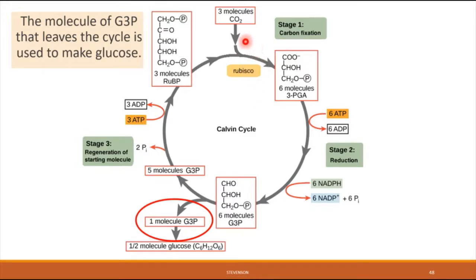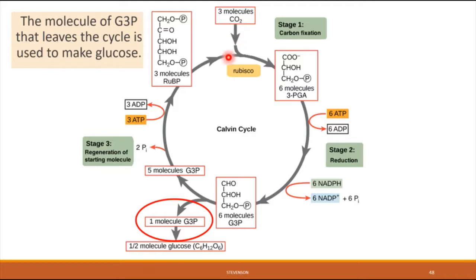A full run through the cycle is considered to be the collection of 3 molecules of CO2. And the reason why that is the case is because 3 molecules of CO2 will result in the production of 6 molecules of 3-PGA.